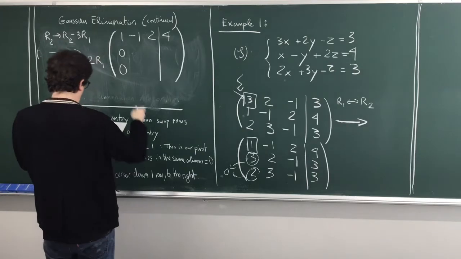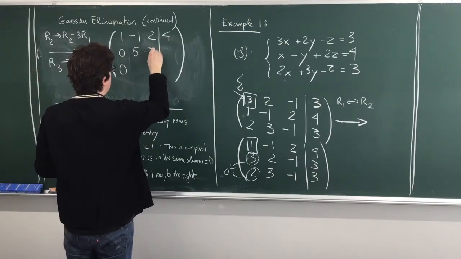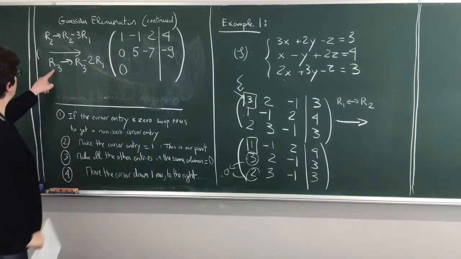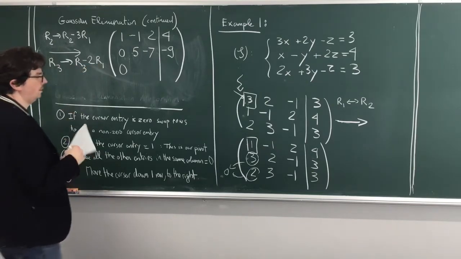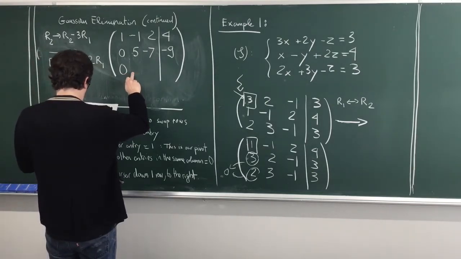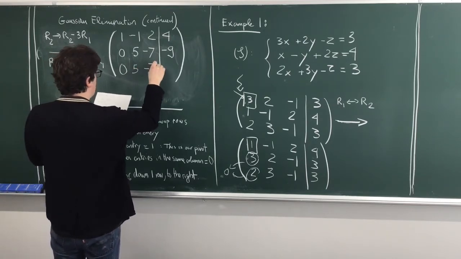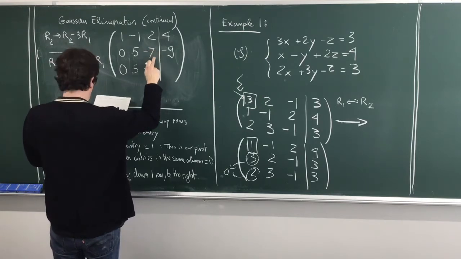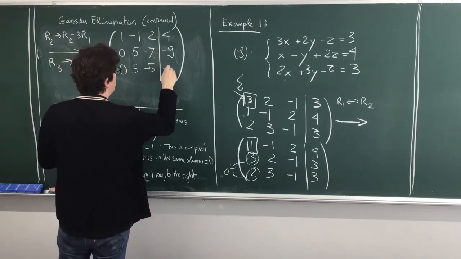So therefore I should get 5, minus 7, minus 9. Here I'm doing row 3 and I subtract 2 times row 1. So I will get 0, 5, minus 7. Oh, sorry, here it was, no, this is correct. 5, minus 5, and here minus 5.